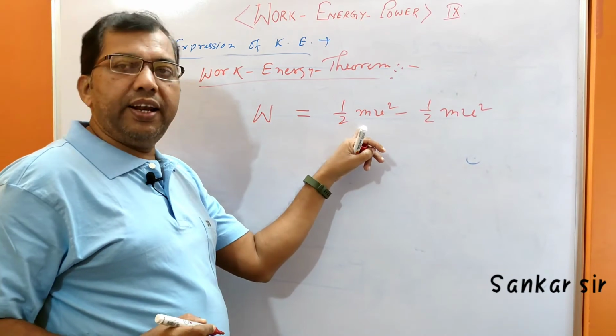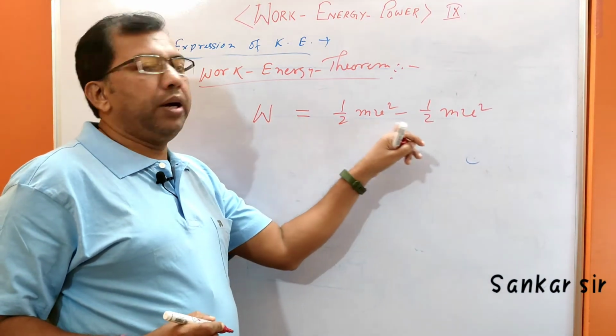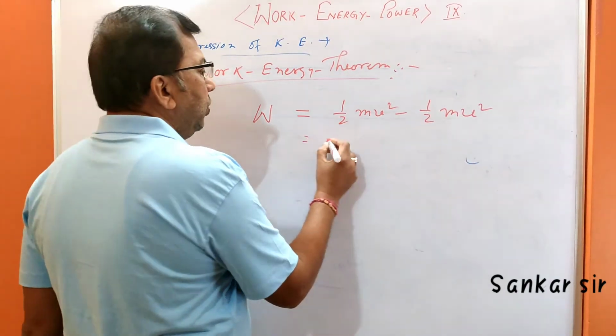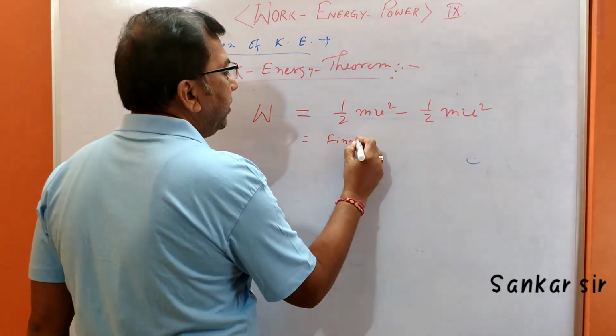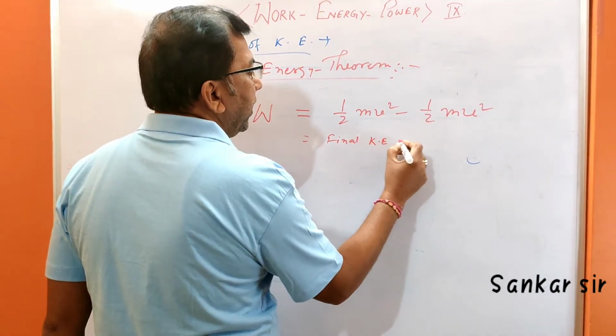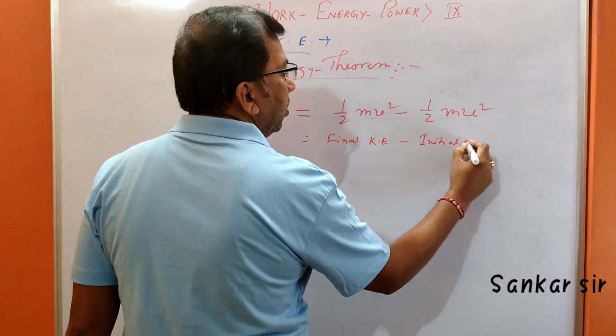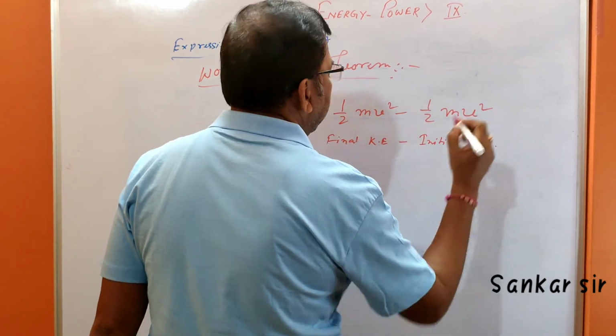That is the final kinetic energy minus initial kinetic energy. Then W equals to final kinetic energy minus initial kinetic energy.